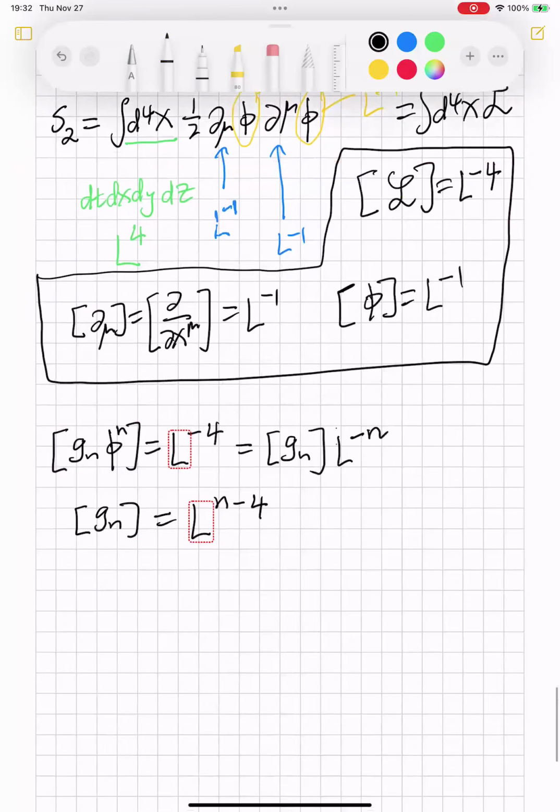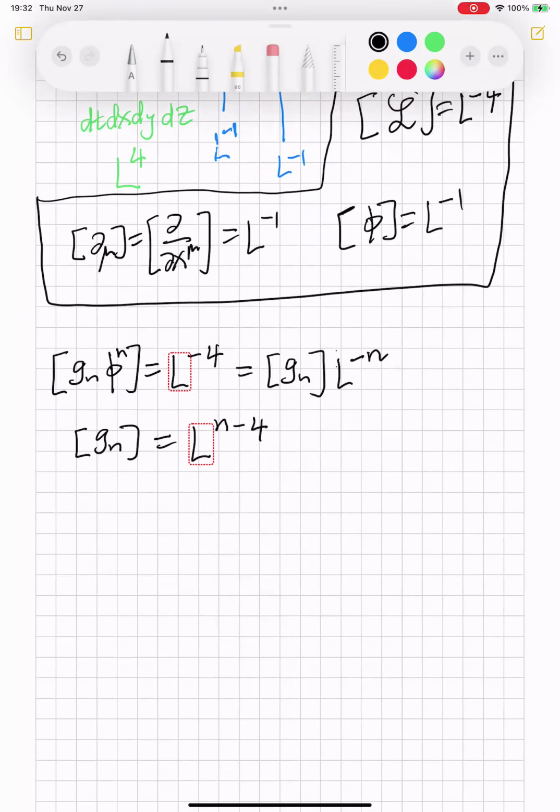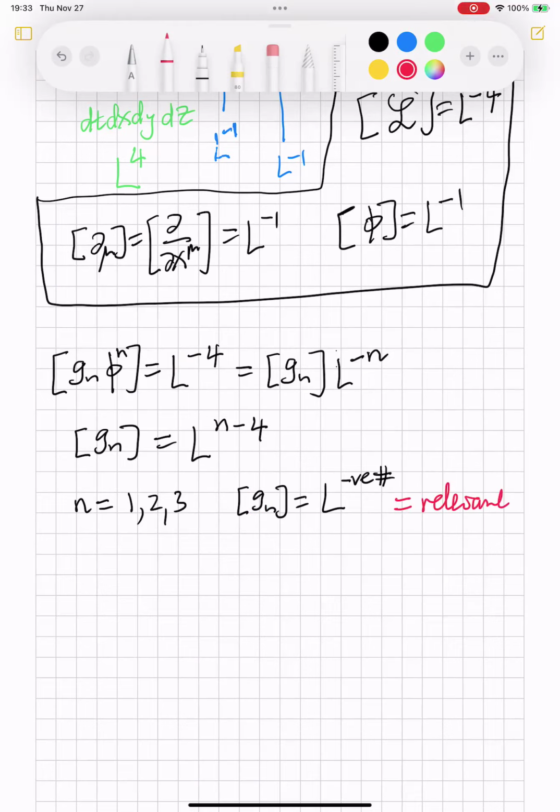So when n is equal to 1, 2, or 3, then gn is length to a negative number. And from what we just said a moment ago, this means that these parameters are relevant.